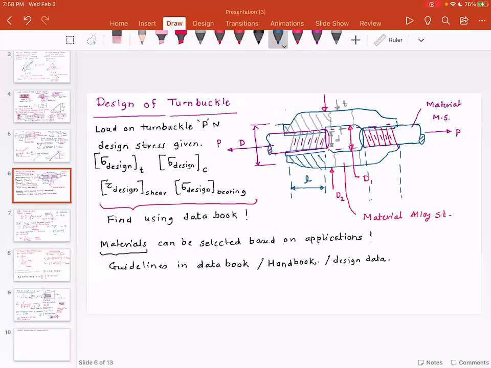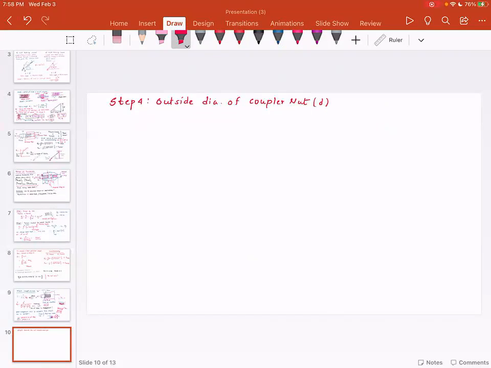This is this diameter. That is sigma C is equal to P divided by pi by 4 D square.